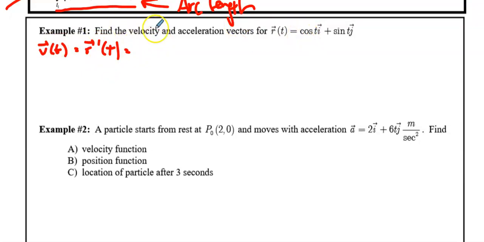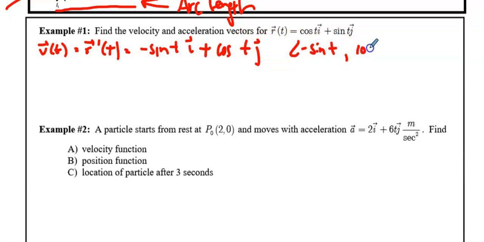So we're going to take the derivative of cosine, which is going to give us negative sine of t, and then we're going to leave our i. And then the derivative of sine of t is positive cosine of t, j. So we can write it like this, and again, we can rewrite it as negative sine of t comma cosine of t. So there's our velocity function, and then our acceleration will be our second derivative.